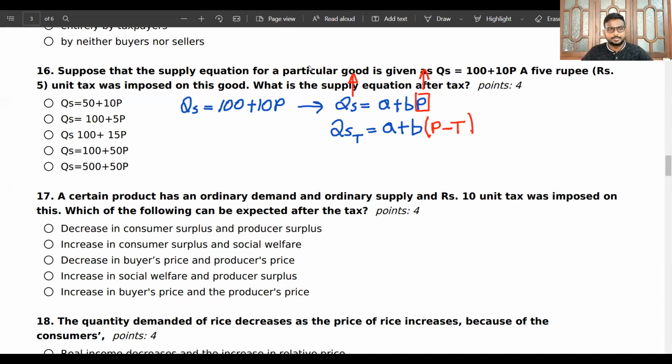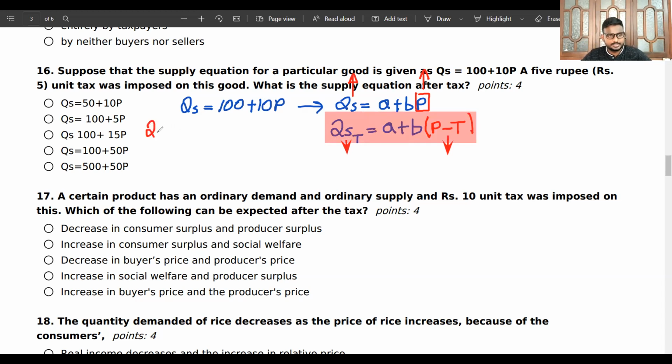So when tax is imposed, what's happening? What the producer gets is going down from the price only. Out of the price, some part is now going to the government. So overall, what the producer gets is decreasing. That's why when tax is imposed, supply comes down. So this is pretty much the format of a supply equation after tax.